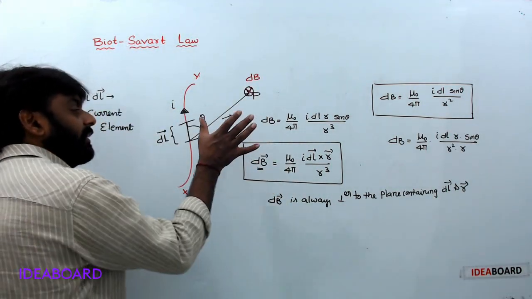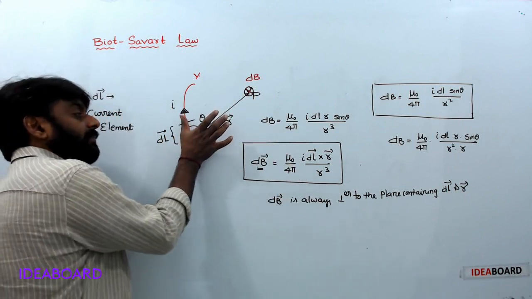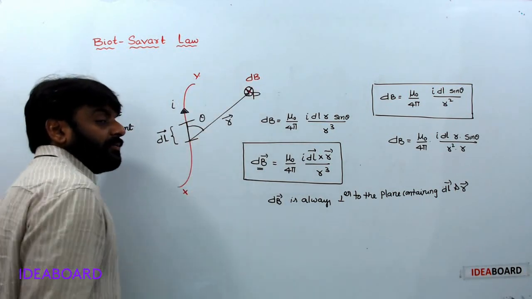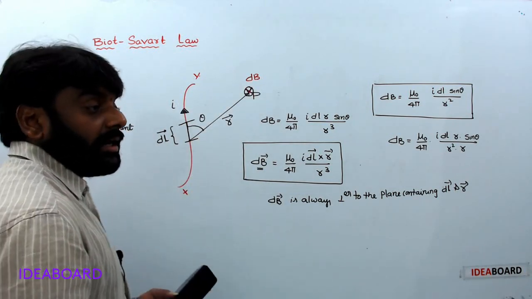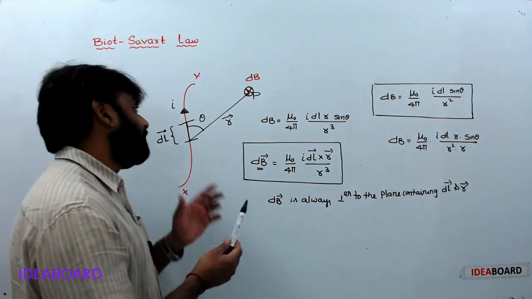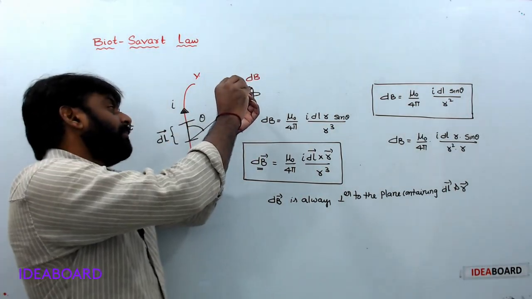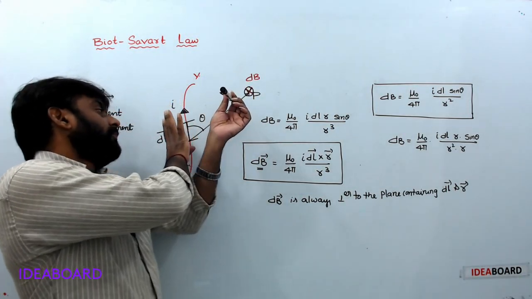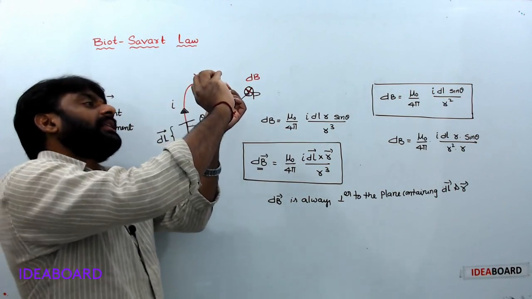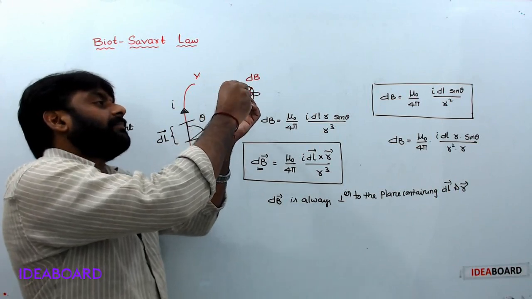Magnetic field direction: see, right hand thumb rule. Current direction along the thumb, the curling fingers represent the magnetic field direction, or the right hand screw rule. It is a screw. Now you are moving from dl to r, so the screw moves inside.